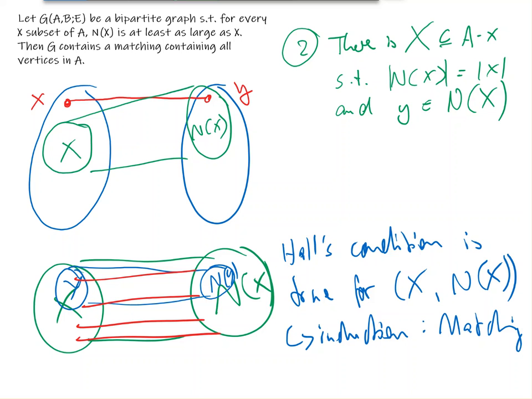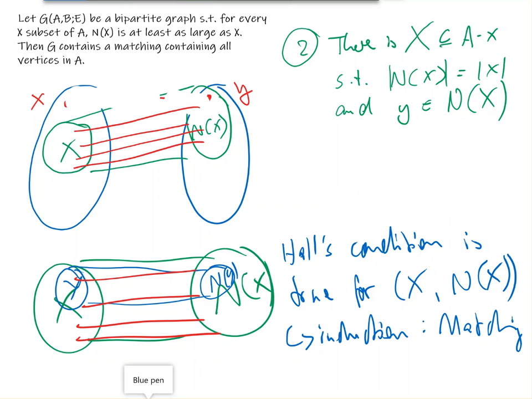So what do we know about the rest of the graph? The idea is now that we forget about this edge between X and Y. In this case, we can match X to N of X. And now let's take any set over here and look at its neighborhood. What do we know?